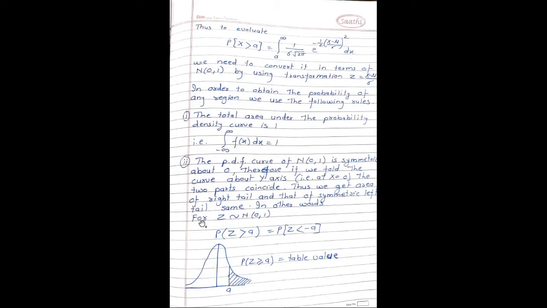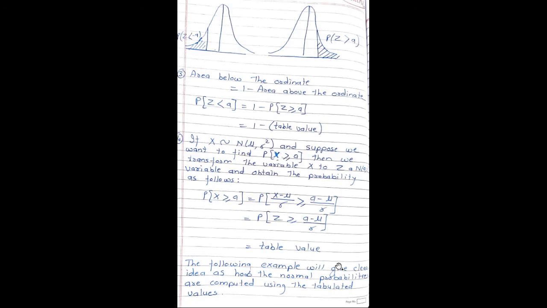In other words, for z following normal 0, 1, probability z greater than a is equal to probability z less than minus a. This type of region is called probability z greater than or equal to a, and this marked portion is the tail part of the curve. So we can get the answer directly from the table. Probability z greater than or equal to a is equal to the table value.